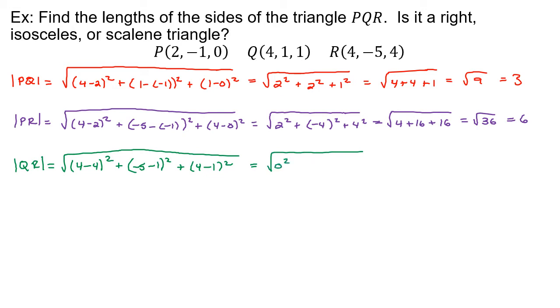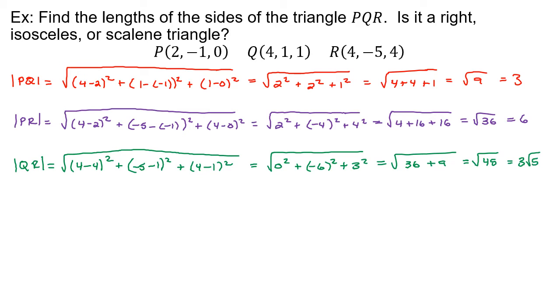That'll be 0 squared, which is good. Negative 5 minus 1 would be negative 6 squared. And 4 minus 1 is 3, so that's 3 squared. So I'll get 36 and 9, which is the square root of 45, which, again, doesn't simplify extremely nicely, but it is 9 times 5, so I could write it as 3 root 5.